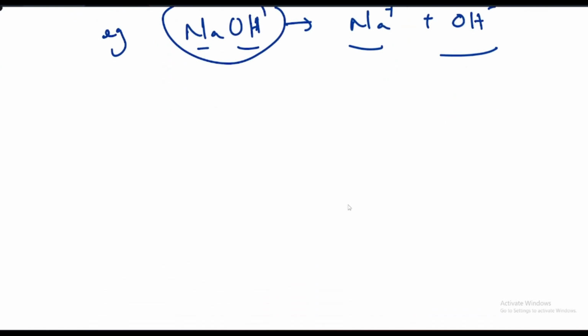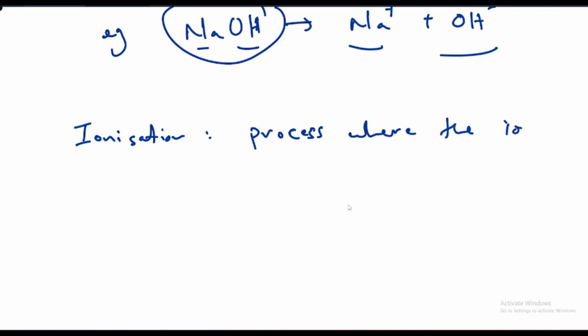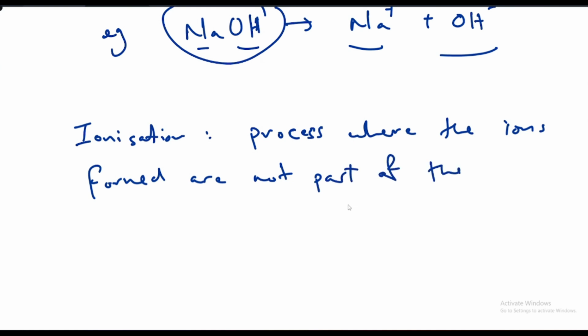So we would say that ionization is a process where the ions or charged species formed are not part of the compound.